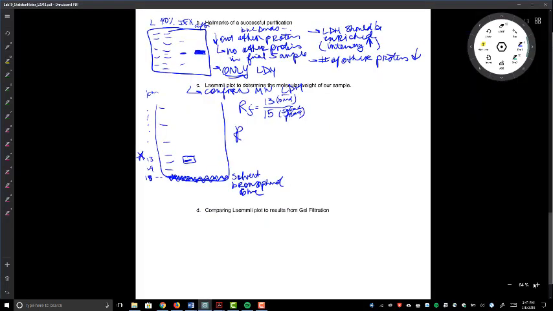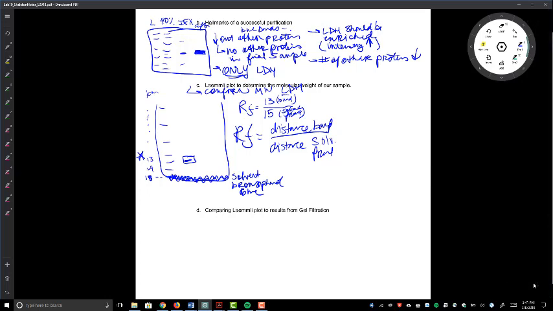The RF is the distance migrated by the band of interest divided by the distance migrated by the solvent front. And this is a unitless ratio.